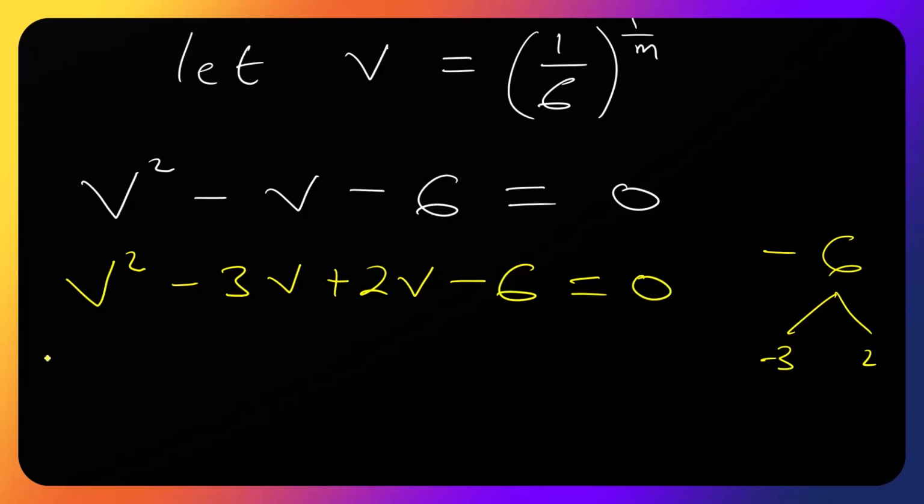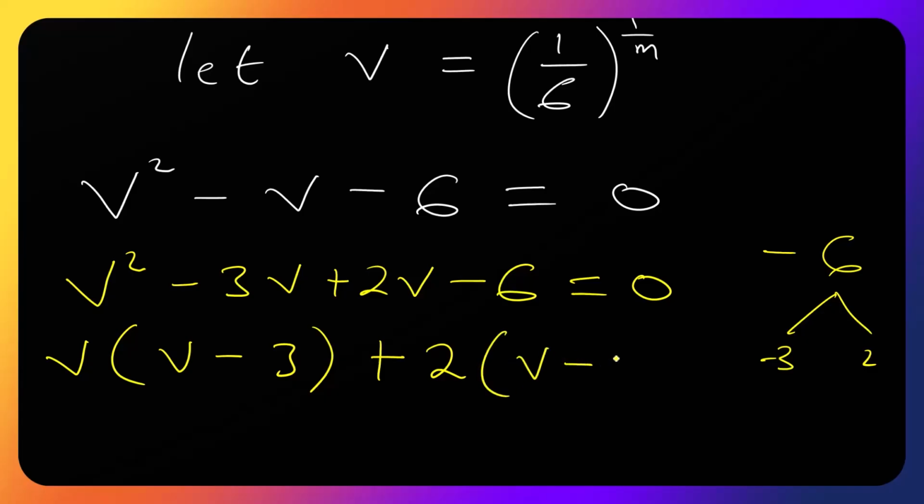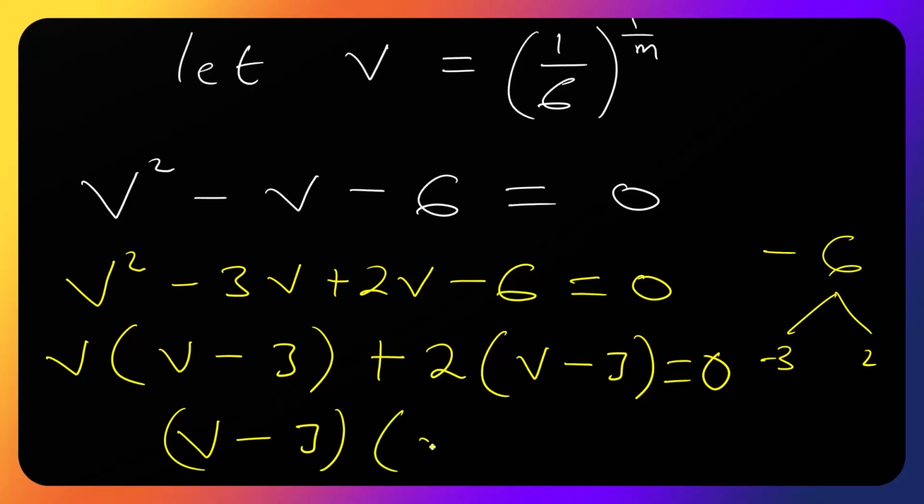So we can take v out here: v times (v minus 3) plus 2 times (v minus 3) equals 0. So v minus 3, we have v plus 2 equals 0.